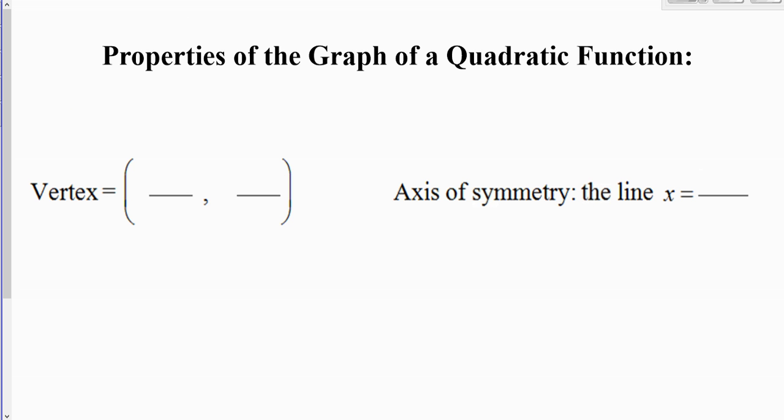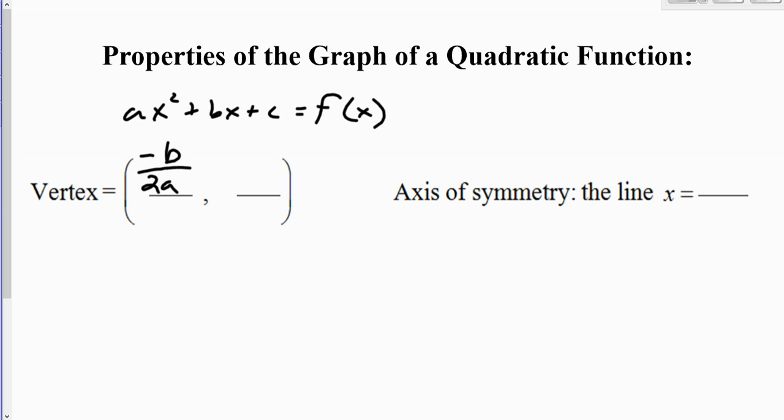So, some properties of quadratic functions. For your vertex from standard form, ax squared plus bx plus c, you can always find the x value of the vertex by doing negative b over 2a.